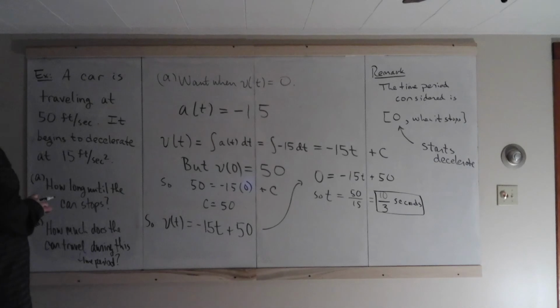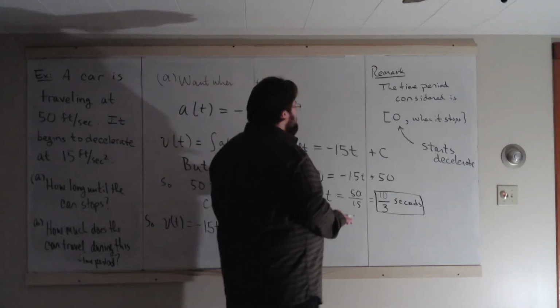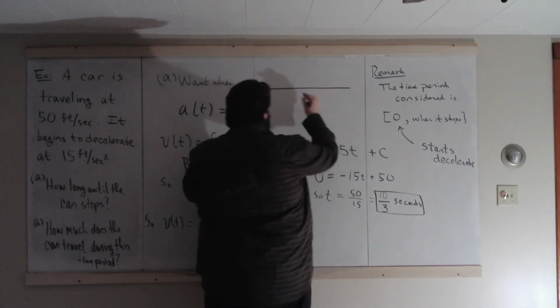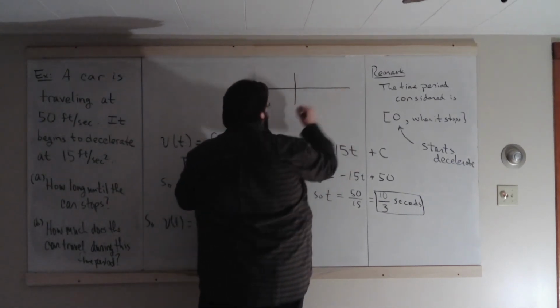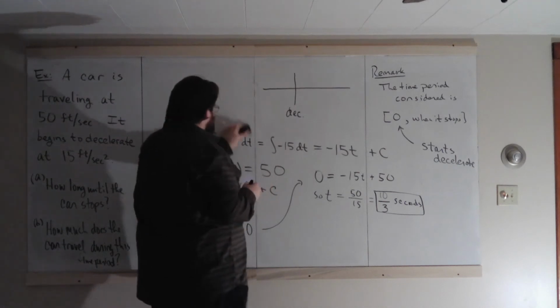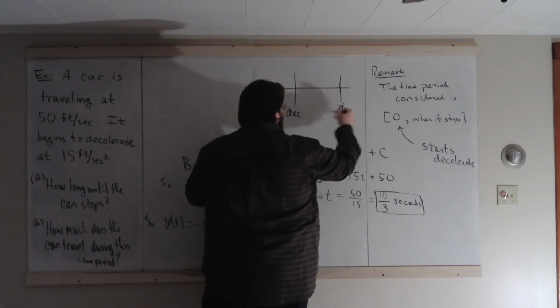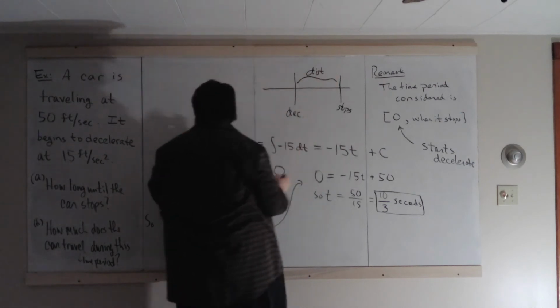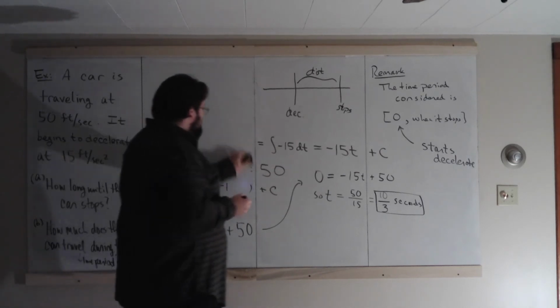Okay, great. How much does the car travel during this time period? Well, we're defining our 0 to be when it starts to decelerate. So if a car is driving and it begins to decelerate here, and it stops here, well, all we need is this distance to find how much the car travels during this time period.